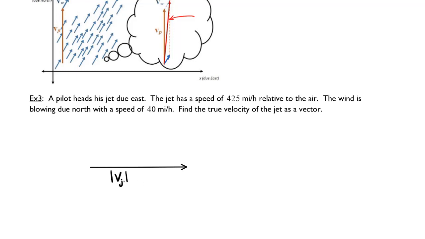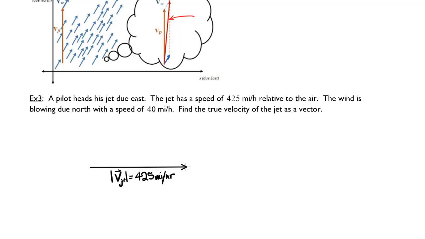I'm going to call it v sub jet. And the magnitude is equal to 425 miles per hour relative to the air. The wind is blowing due north with a speed of 40 miles per hour.